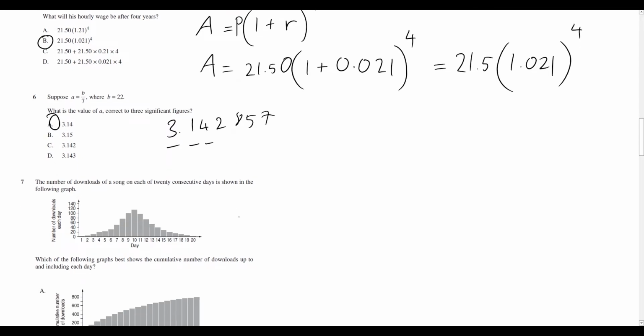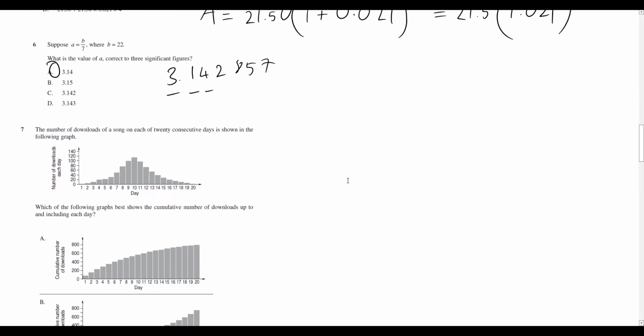The number of downloads of a song on each of 20 consecutive days is shown in the following graph. Okay, so we can see that as the days go by, the number of downloads each day increases up until day 10, and then it starts to decrease after that. So which of the following graphs best shows the cumulative number of downloads up to and including each day?